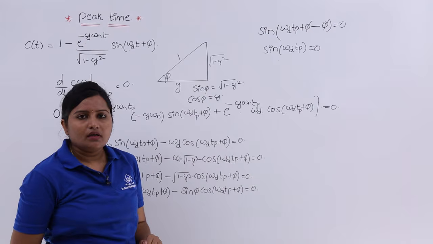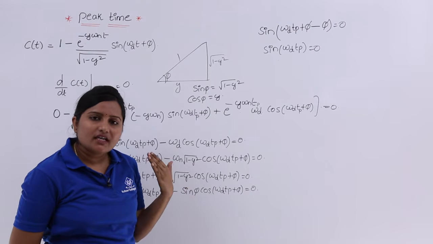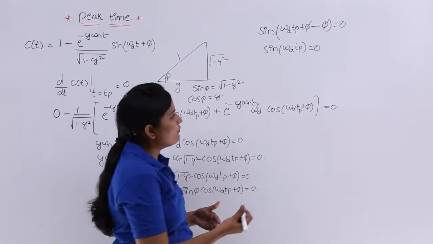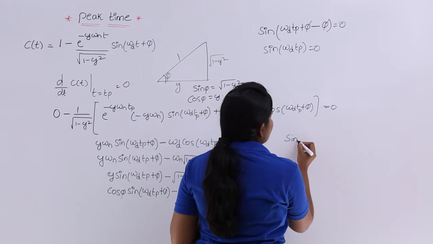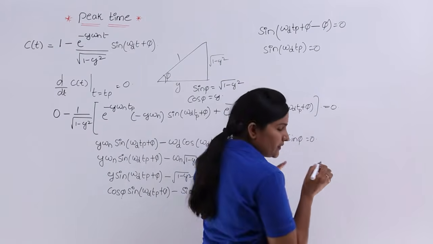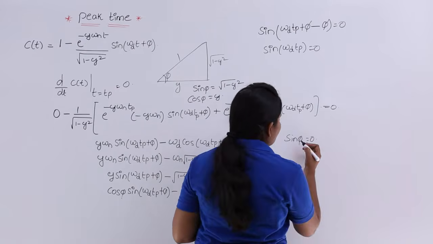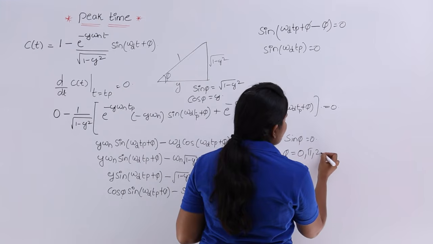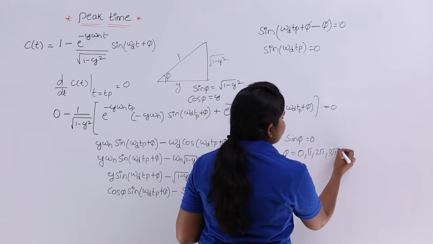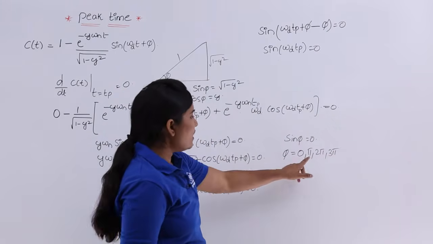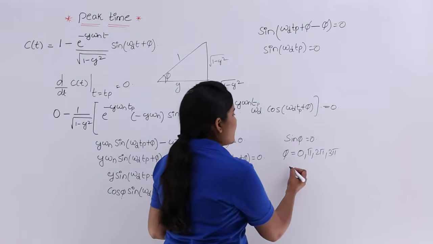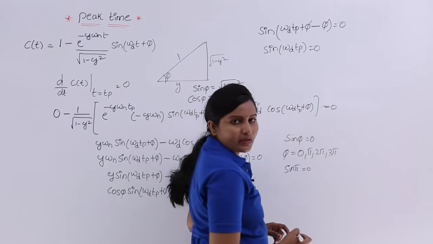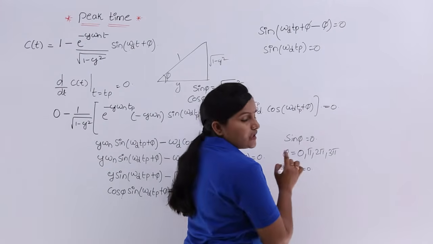Now, when we are deriving our rise time also, we consider like this. We know sin pi is equivalent to 0. If sin pi is equivalent to 0, the values may be either 0, pi or 2 pi or 3 pi. So I am going to consider sin pi is equivalent to 0.